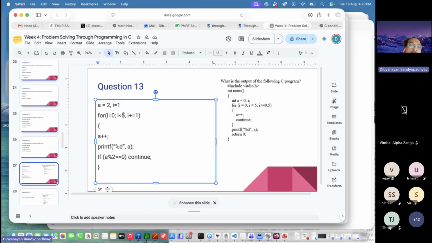Now you do a plus plus. What is the value of a now? 3. So you check this condition, and it is not true, so you don't go to the continue. We again increment the value of i, sorry, now it is 3. Now a's value will be 3 plus plus, so it will be 4, and it will be printed again.